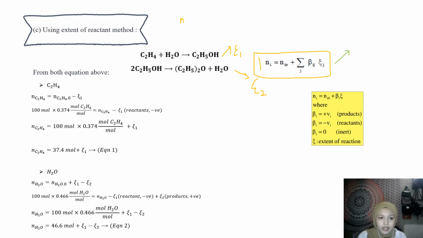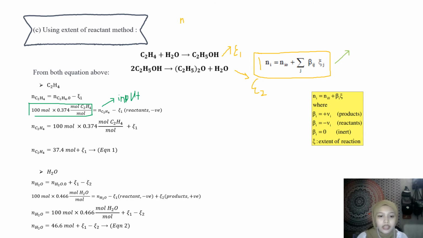So the number of mole of ethylene at the output side is equal to the number of mole of the ethylene at the input side, which is what we must find, minus extent of reaction 1, because the species reacts in reaction 1 and the ethylene is at the reactant side.